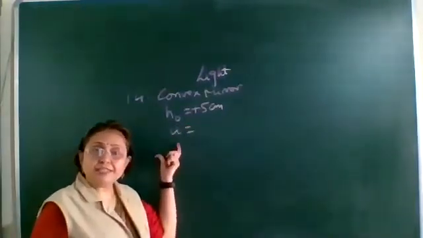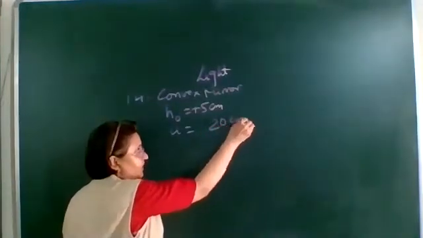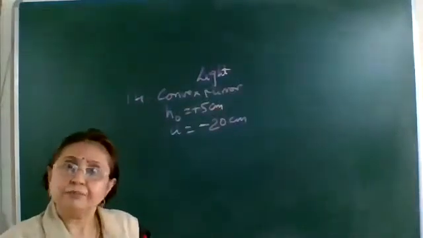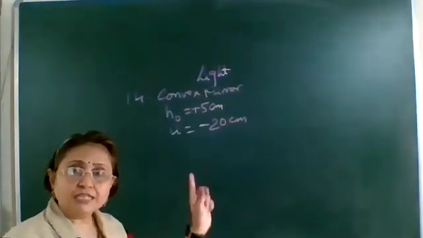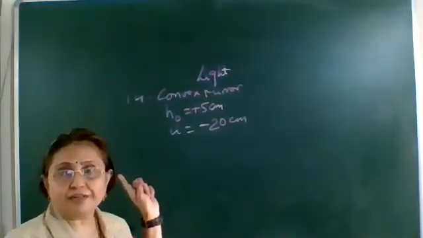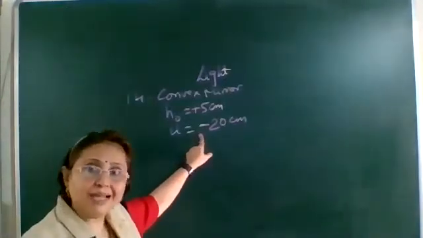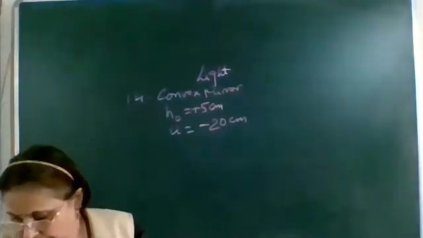The object distance is 20 centimeters. Okay, as we know, the object distance is always negative. Why? Because we are always placing the object to the left of the mirror, that is, pole to the optical center, pole to the object. We are moving along the minus x-axis. So the object distance is always negative.